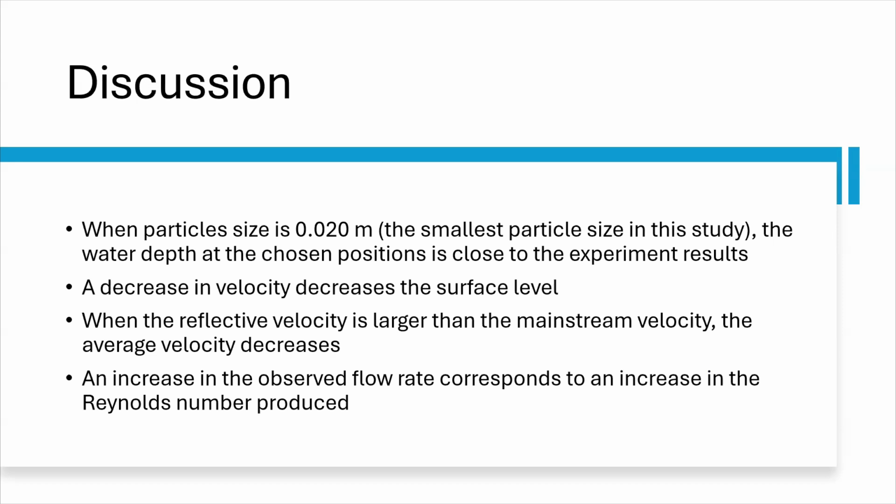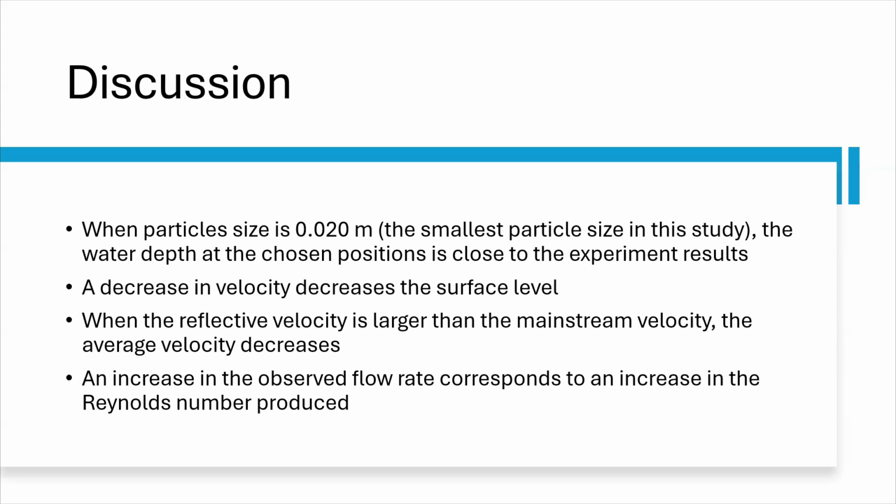So this is close to the experiment result. And then a decrease in velocity decreases the surface level, because velocity has a correlation with surface level in the simulation.